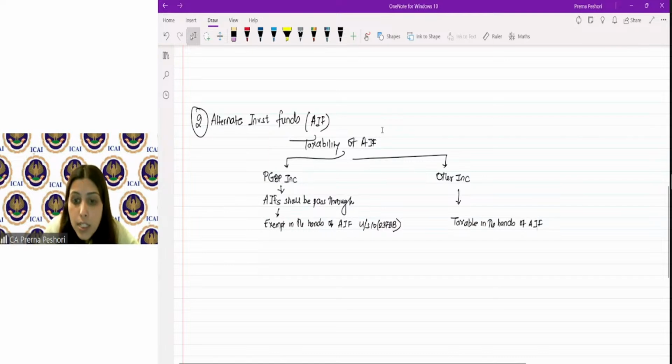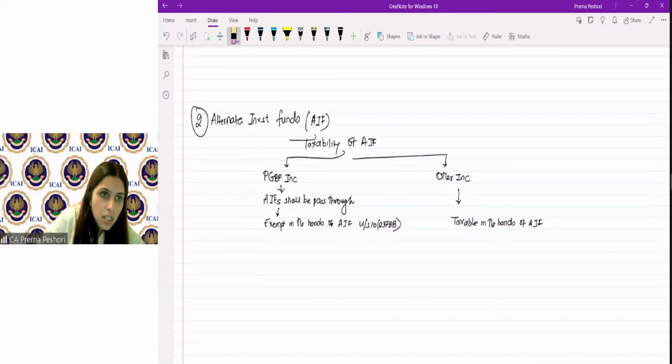So this implies that all the income of the investment fund is taxable in the hands of the unit holders except the income under the head PGBP. Sorry, I have written it over here incorrectly. This should be other income and not PGBP. The PGBP is taxable in the hands of the AIF. So if this is exempt in the hands of the AIF, this shall be taxable in the hands of the unit holder.